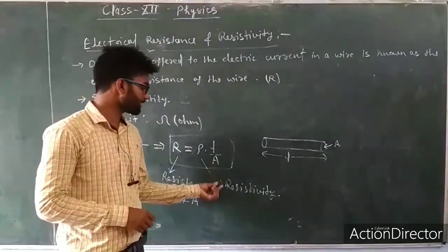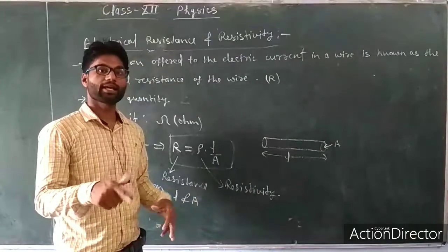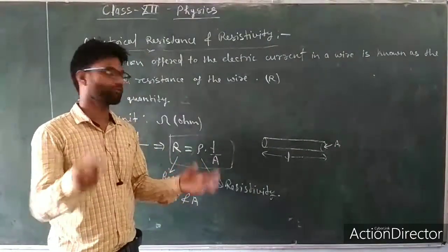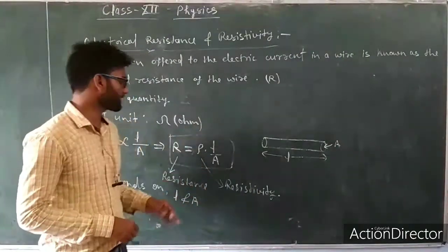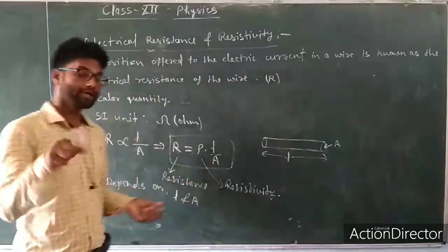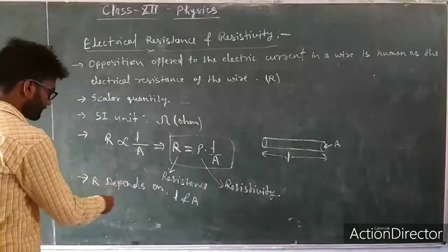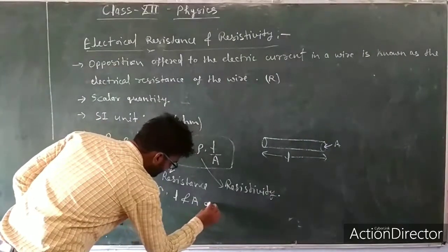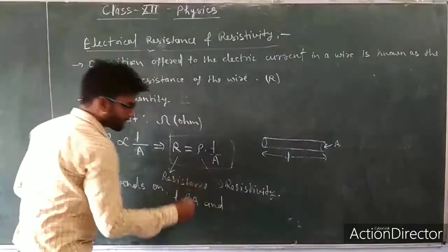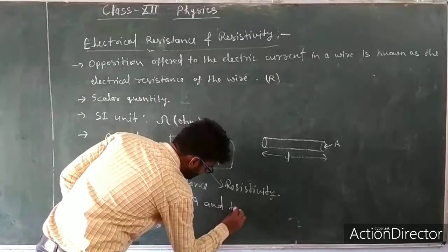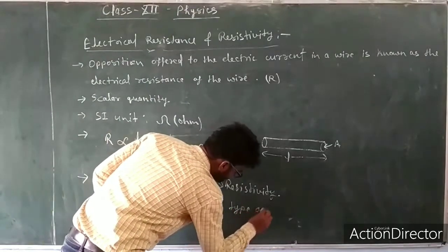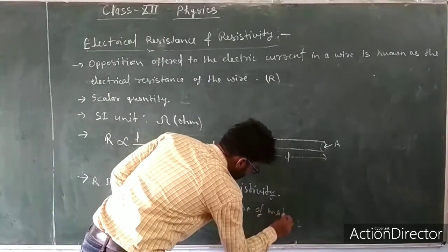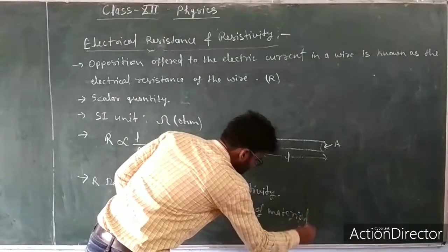Resistivity does not depend on the length, cross-sectional area or volume of that particular material, because this is the property of the material. So this also depends on the property of material, that is, the type of material.